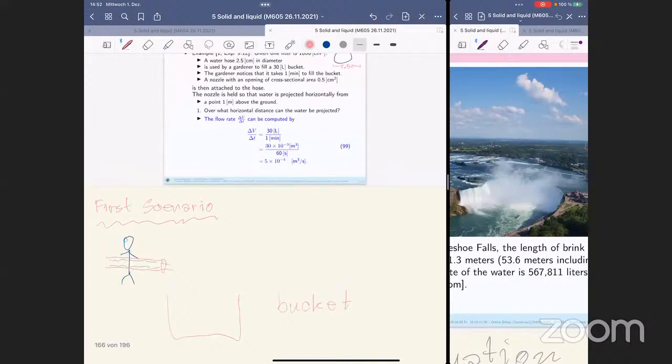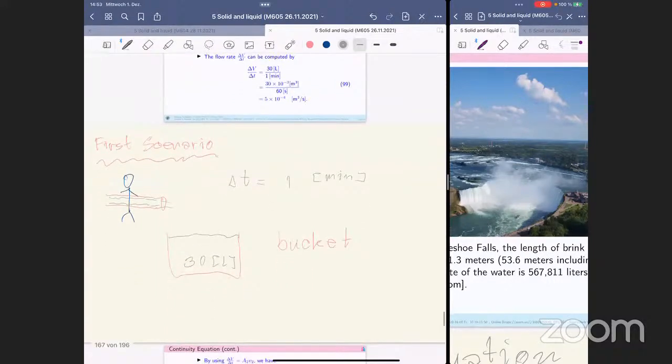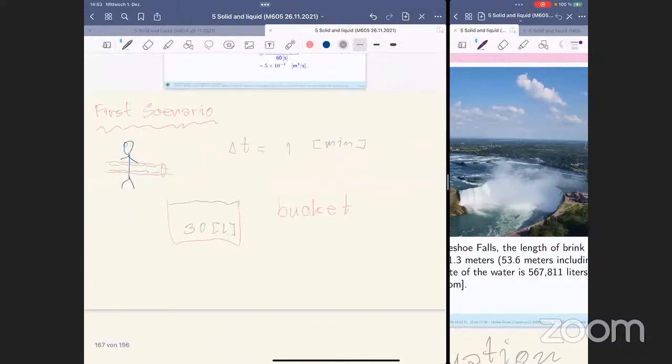The water gets into this bucket, and it has the volume of 30 liter, and it takes delta T of 1 minute. Yes, that's the first scenario.